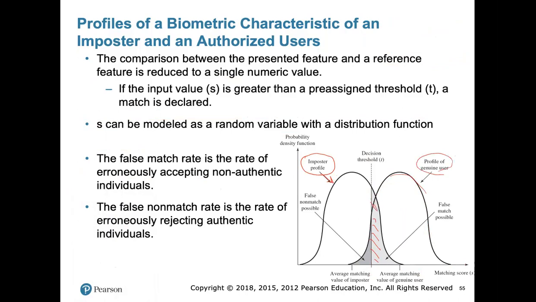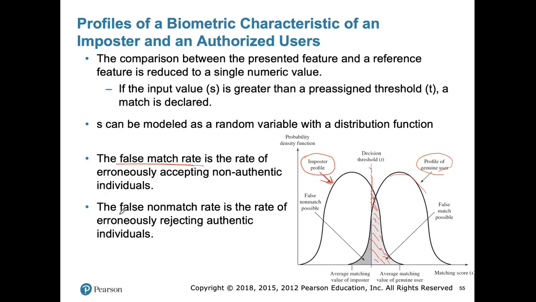So this lighter shaded area belongs to a person who is not legit, and the system should reject them. But because the value of their comparison is above this threshold, the system doesn't understand and lets them in and grants them the services. So this person will be accessing the services or functionalities that he or she is not supposed to. We call this the false match rate.